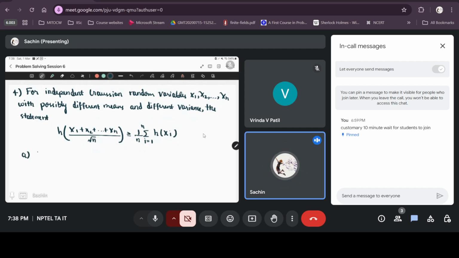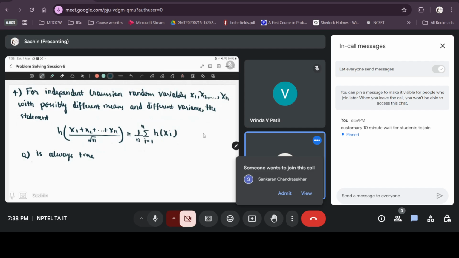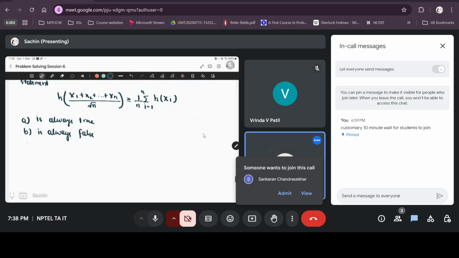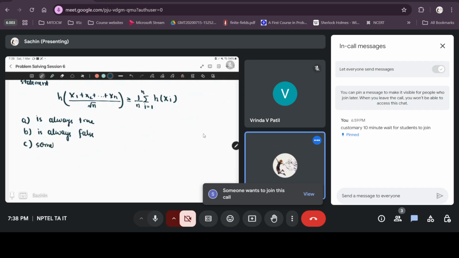Option A is always true. Option B is always false. Option C is sometimes true and sometimes false. Option D is equality always holds.